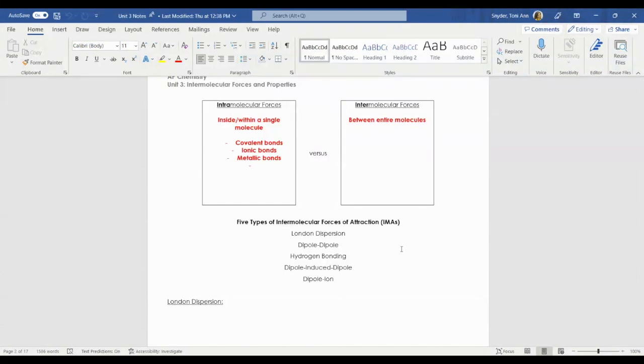There are 5 of them that we are going to talk about. We talked about most of these in Chem 2, actually, but we're going to review them here because they are such a big part of the exam that I want to make sure you really understand these intermolecular forces.